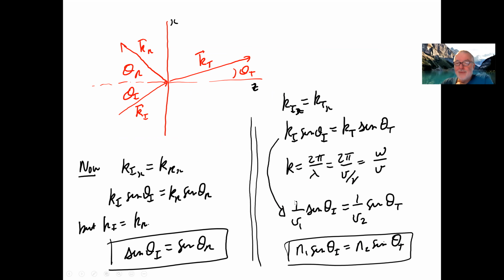And that tells me, because omega is the same on both sides of the boundary, that 1 over v1 sine theta incident is equal to 1 over v2 sine theta transmitted. Or that n1 sine theta incident equals n2 sine theta transmitted, where n is the index of refraction.